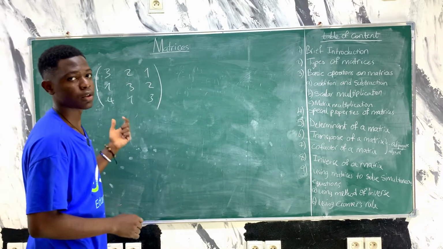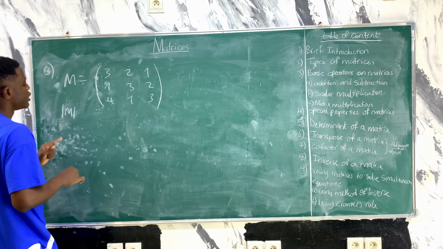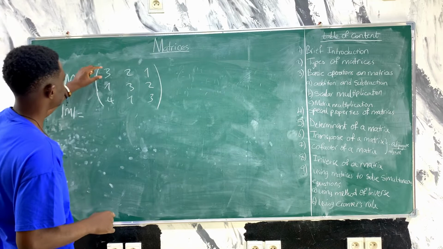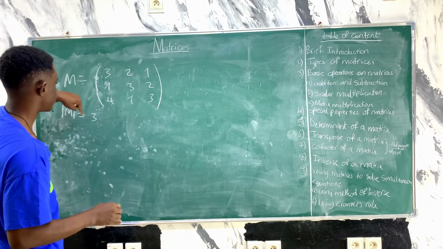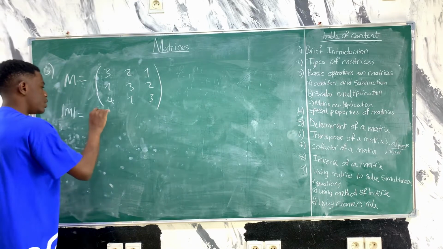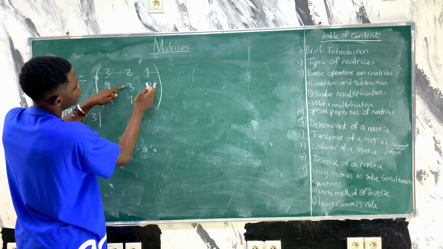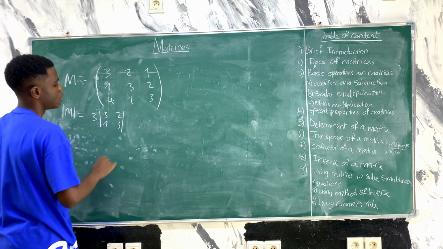Okay, let's consider the second example. To find the determinant, you write it in the magnitude form. Determinant of n is equal to, as we said, you take 3, write your 3. It is positive because it is the first value, so it is plus 3. Then you cancel here, and what will be left is this: 3, 2, 1, 3.